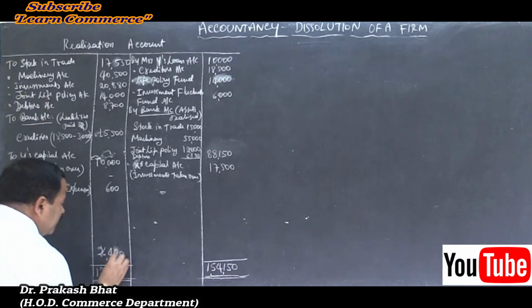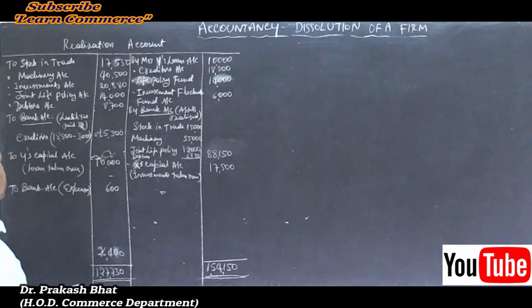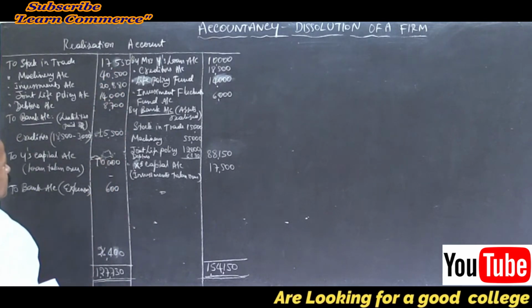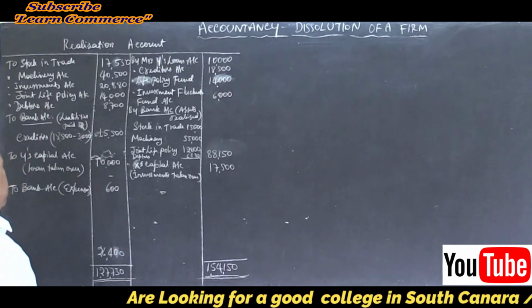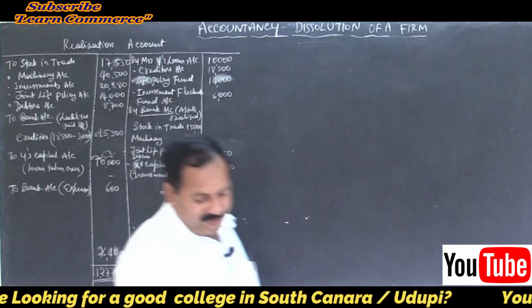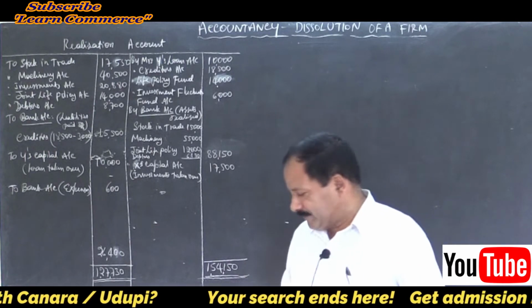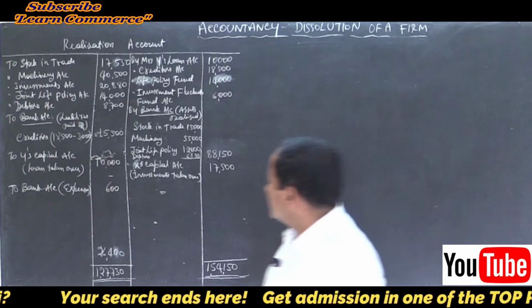Yes, it is 26,400. Yes. Now let us distribute it among the partners. 26,400. Let us distribute. Three partners are there.